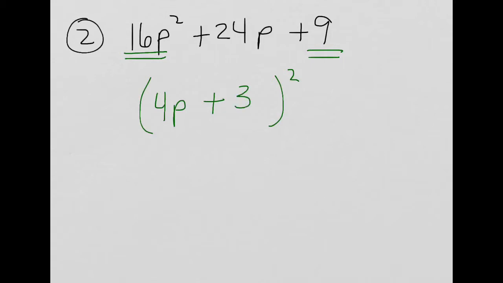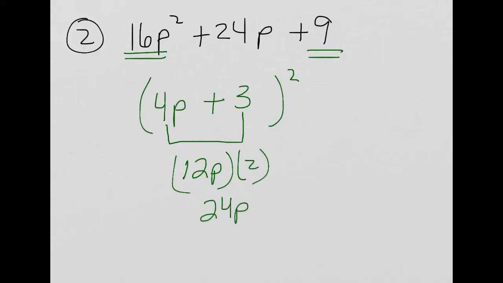Now I have to check to see if this squared will give me my trinomial. So I take these terms and multiply them, and I get 12p, and then I'm going to double it, which is 24p. And you'll notice that the 24p is also the middle term, which means I've found the factored version. It's 4p plus 3, squared.